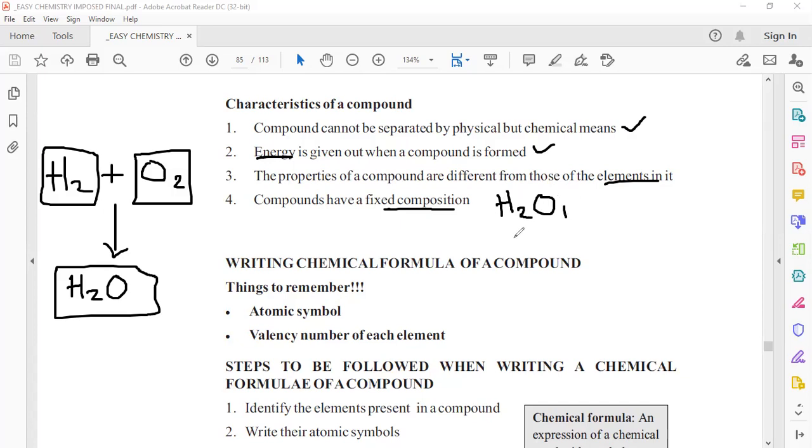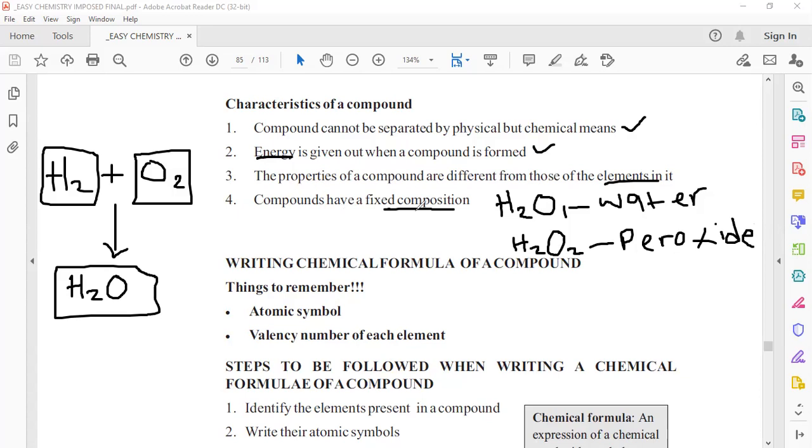The moment you change it to H2O2, even the name changes. This is water, but this becomes peroxide. The moment you change the composition, you change the name of the compound.